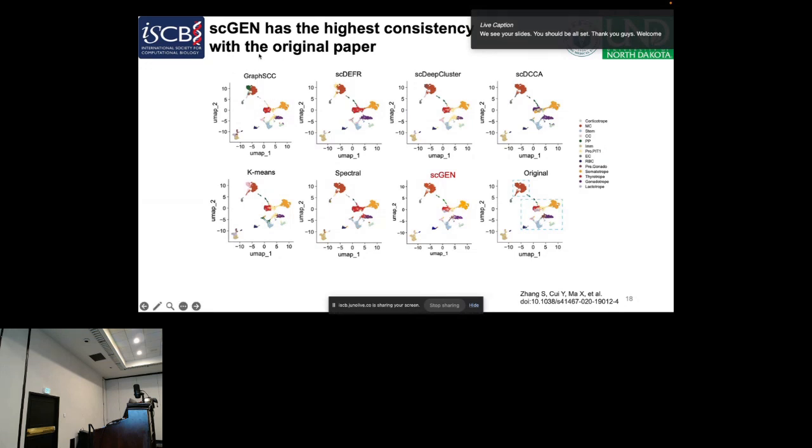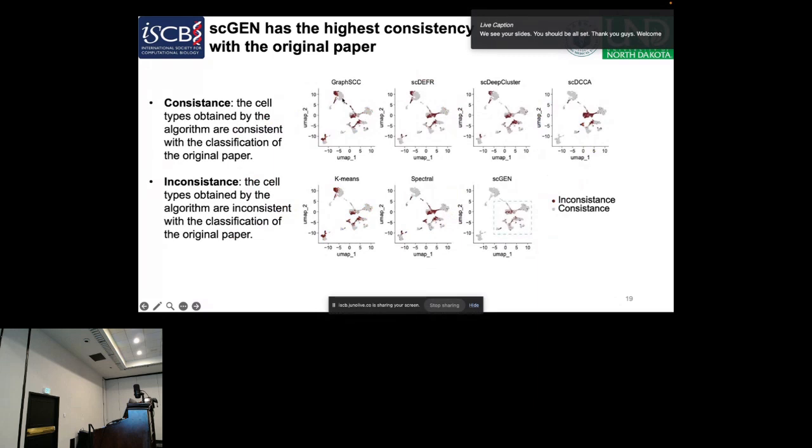To check this, we reanalyzed a published dataset. This is a human fetal pituitary spanning 7 to 25 weeks post-fertilization. We identified 40 cell types, including stem cells and other differentiated cell types.